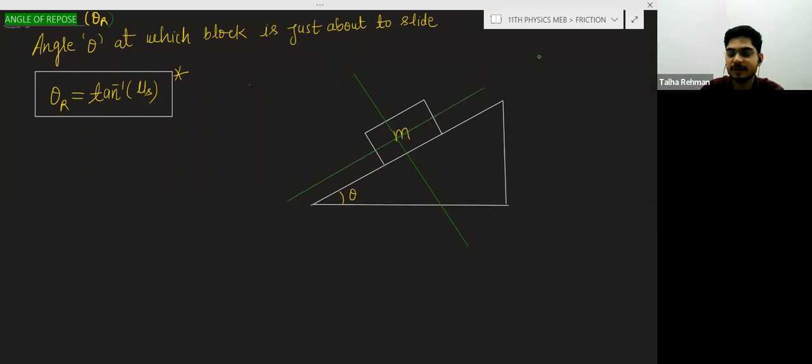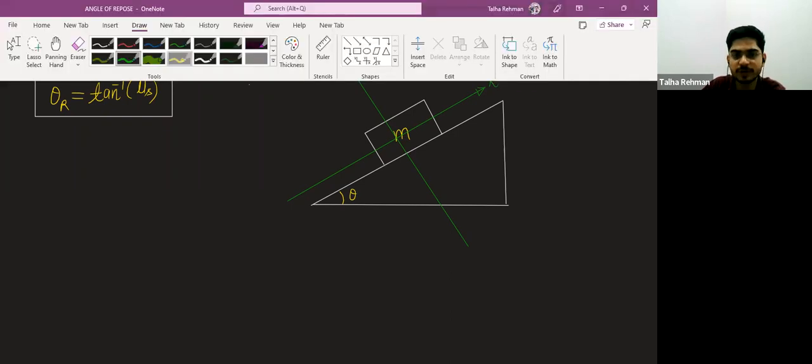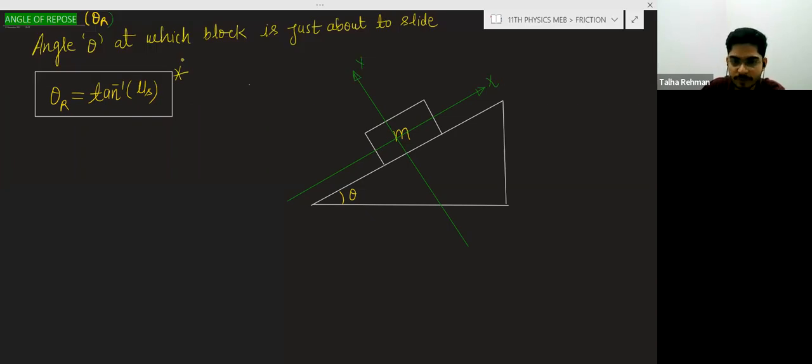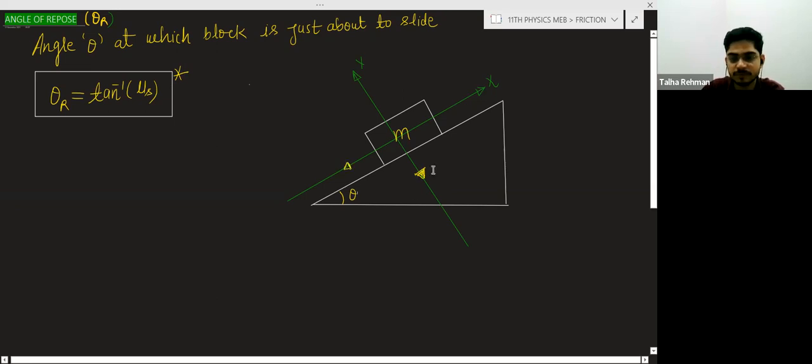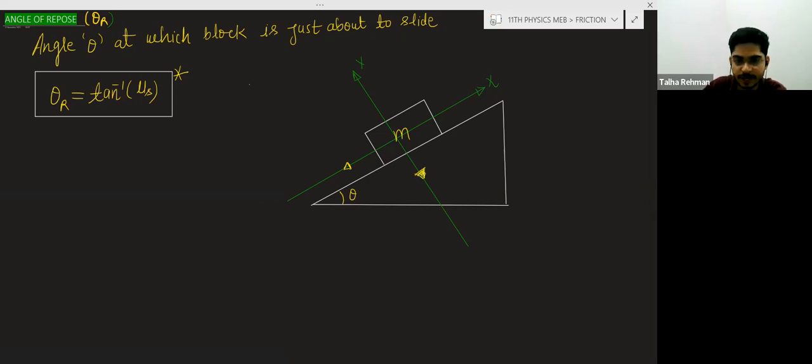Suppose this is your x-axis and this is your y-axis. You can choose axes by yourself according to the requirement. So what will be the weight component in this direction, Divyangi? There will be the weight, mg, in downward direction.